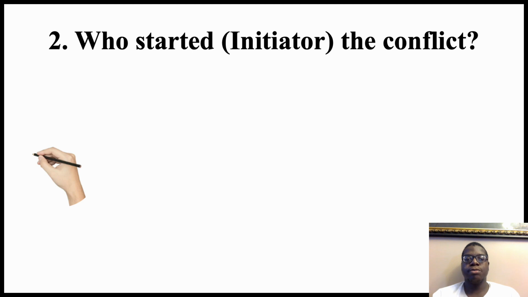Read the question. Question 2. Who started the conflict? What happened when things went wrong? Who caused that to happen? This is initiator. The guy standing up started the conflict.